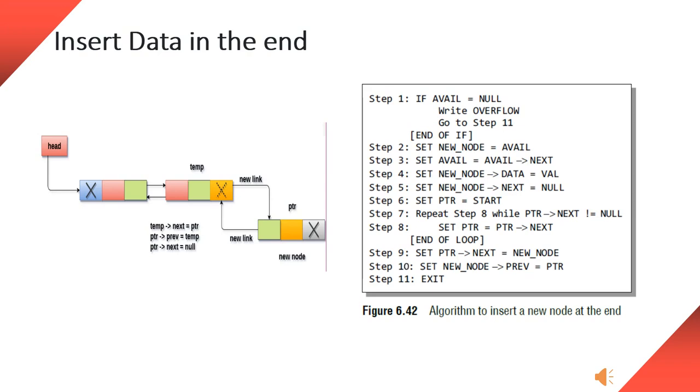If so, we allocate a node, put in the data, and this new node is going to be the last node, so make next of it null. Next, if the linked list is empty, then make the new node the head, else traverse till the last node. Then change the next of the last node, and make the last node the previous of the new node.